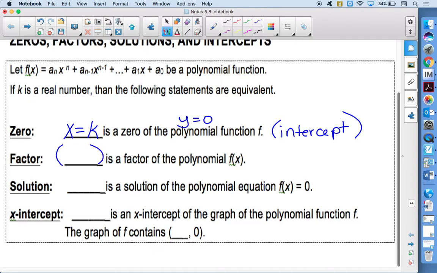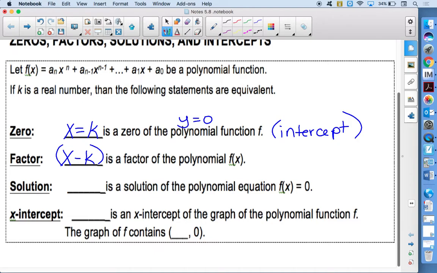So if you're factoring something, you're changing a problem into multiplication in parentheses. So as Gray said, a factor would look like x minus 3, x plus 2, but it's in parentheses as x minus k. And he said you'd set it equal to 0, and once you set it equal to 0, then you're going back and finding the 0.